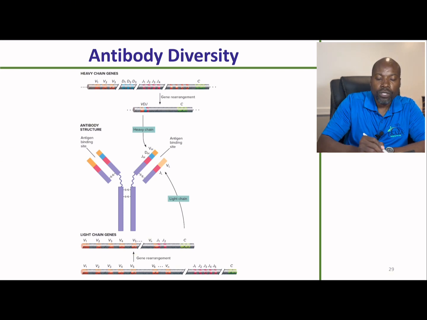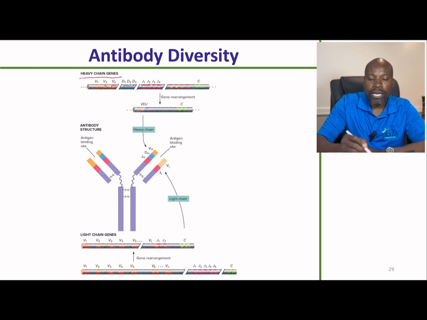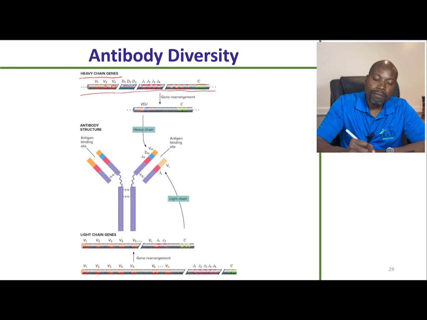So here, if you consider the genes for the heavy chain, we're going to have V1, V2, V3, D1, D2, D3, J1, J2, J3, J4, and so on. And then we have the C region here. Now, this is on a chromosome, right? Then you are going to have gene rearrangement down here.